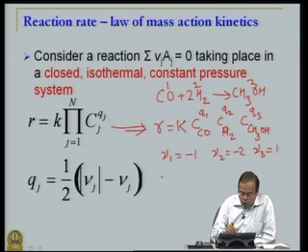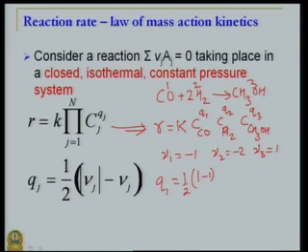So, if Q1 according to this formulation is half of mod of -1 plus -1, there is a mistake, this should have been plus, yes. That would give us Q1 is 1, then a similar thing would give Q2 is 2 and Q3 is 0.